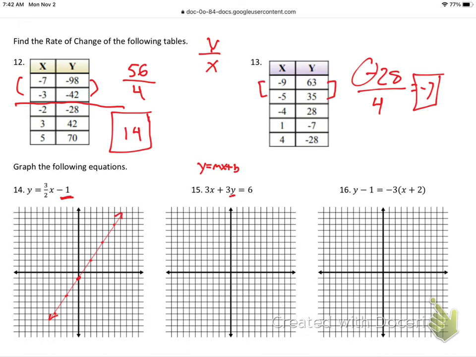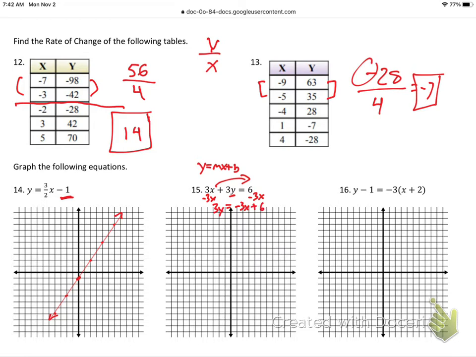So I need to get everything that's not the y over to the right. And I do this. First, I'm going to subtract 3x. By doing that, I'm going to have 3y is equal to -3x plus 6.